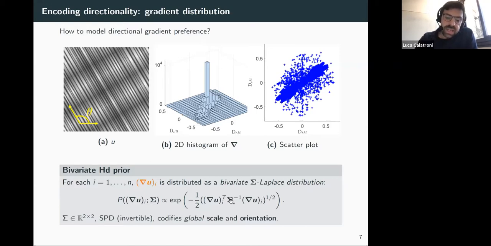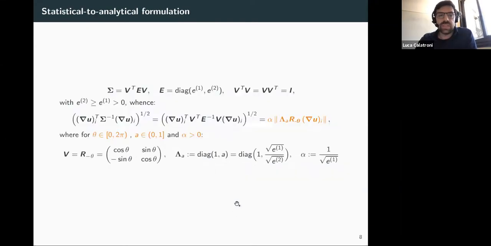And in particular, I show you in the next slide that sigma codifies global scale and orientation features. How can we see that? It's pretty easy actually, because since sigma is a symmetric and positive definite matrix, we can diagonalize it in terms of orthonormal matrices.